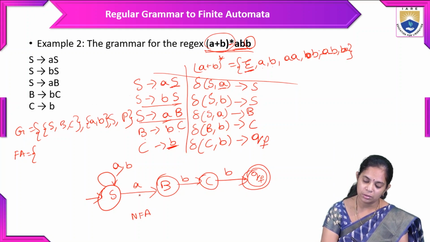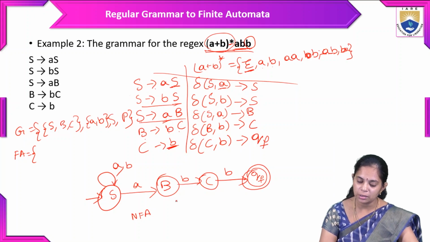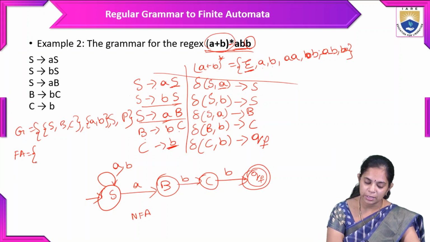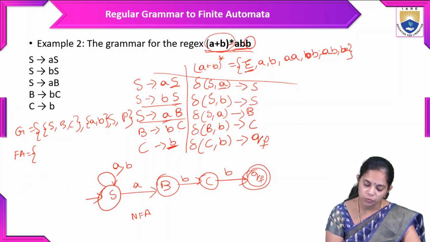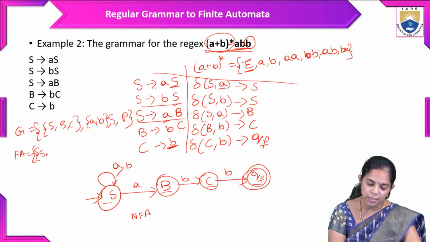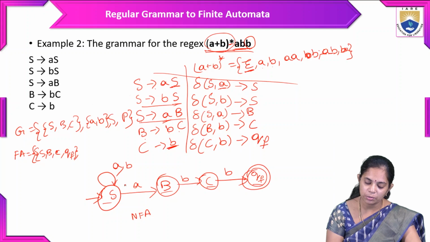So here A, B, B. Now we will write this entire thing as a definition of finite automata. The finite automata has Q values, four states: S, B, C, and QF, the final state.